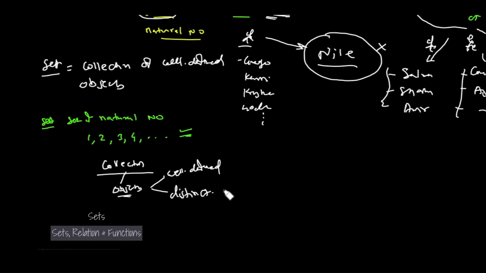Only one copy of that object should be present within that collection. Then in this case, that collection is referred to as a set, right? Now through this video we learned how to determine whether the given collection is a set or not a set.